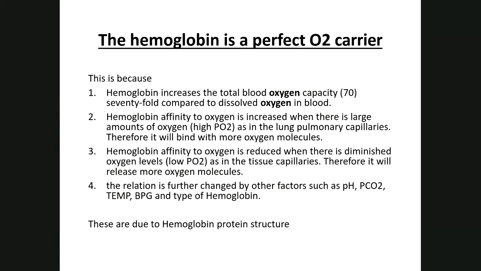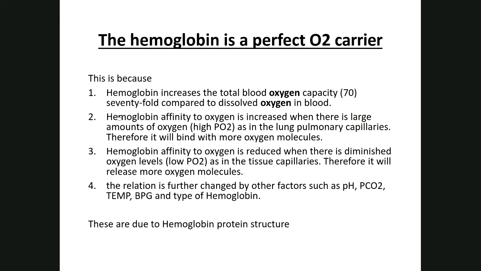That's number one. Number two, the hemoglobin affinity to oxygen is not fixed. Hemoglobin's combination with oxygen can change according to the environment it is in. When hemoglobin is in the lung, it will tend to bind more oxygen molecules, so its affinity to oxygen increases.